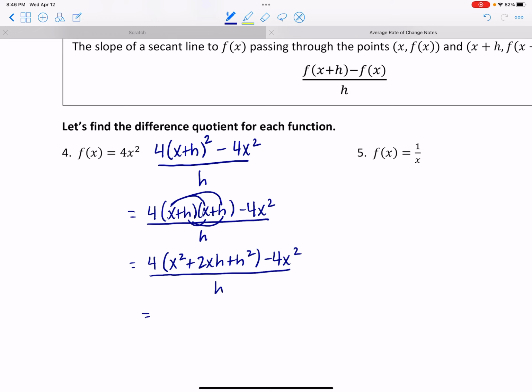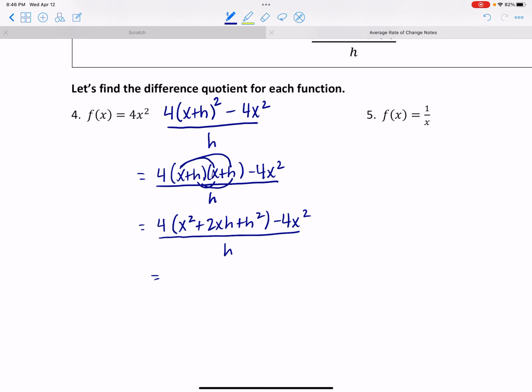Now I can distribute the 4. So now I have a 4x squared and 8xh, a 4h squared, and then a minus 4x squared, still all divided by h. Now on the top of the fraction, I've got some terms that are going to cancel. 4x squared and negative 4x squared, gone.